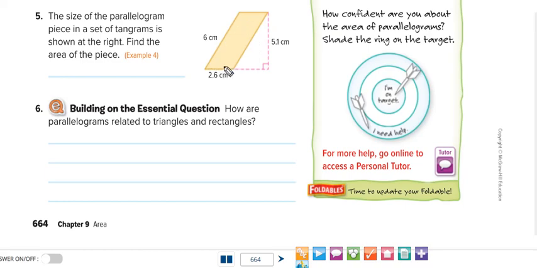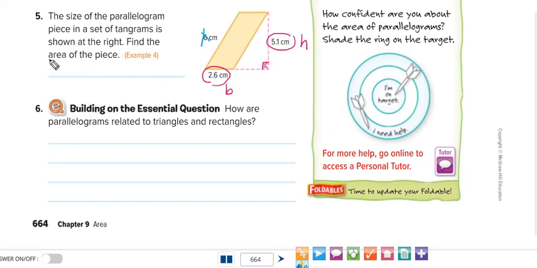The base is 2.6, this side is 6, and the height is 5.1. So we ignore the 6. No need for this 6. It will not help us find the area, because we need the base and the height, and they must be perpendicular to each other. So we choose 2.6 as the base and 5.1 as the height.